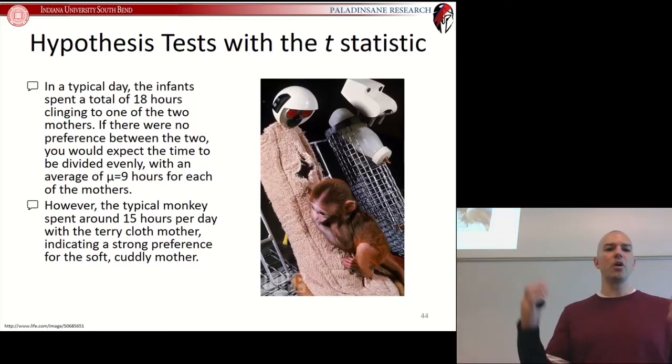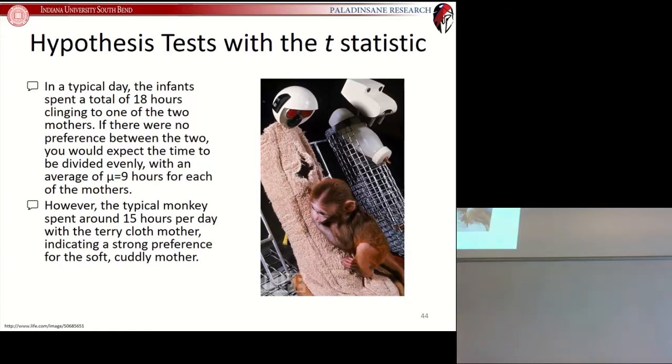If there was no preference between the two, and they spend 18 hours a day with those two mothers, then we would expect that they would split that in half and spend 9 hours with the wire mesh mother and 9 hours with the terry cloth mother.